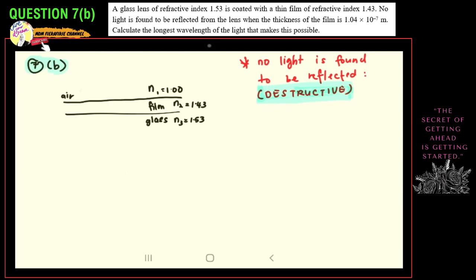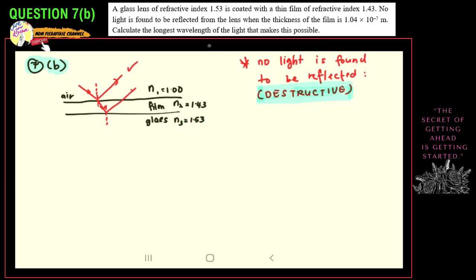Okay, so now look at here, the ray from air and then refracted on the thin film. So look at the refractive index from n1 to n2, from lower refractive index to higher refractive index. So there is a phase change of ray 1. And for the second one, same goes to the second one, from lower refractive index to higher refractive index.